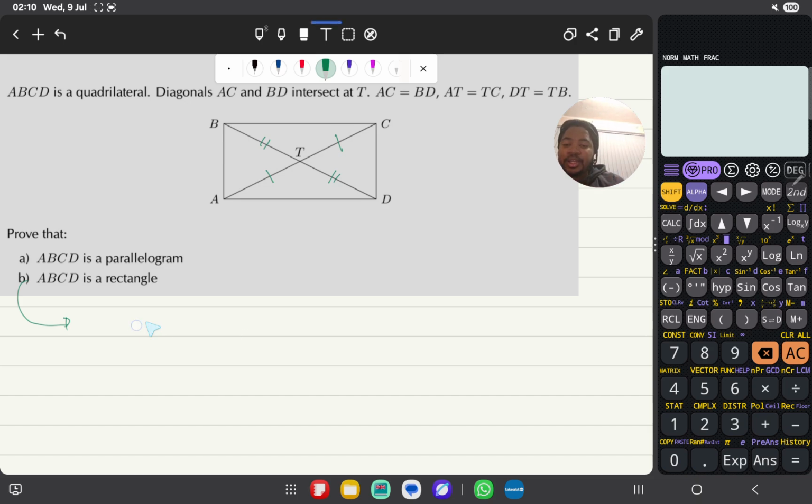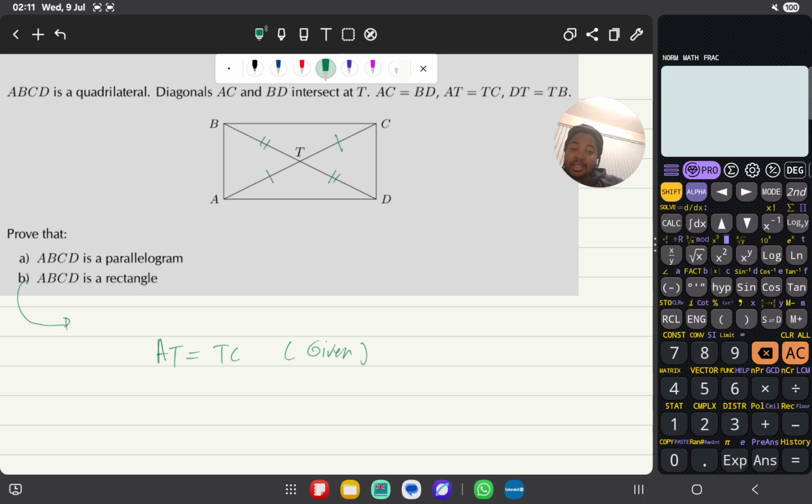let's properly prove that, okay, this thing that we have right here is a parallelogram. You already know that AT, right, equals to TC, right? And that was given to us. And then, of course, now let me pause. So we also see that BD, right, it bisects AC at where?